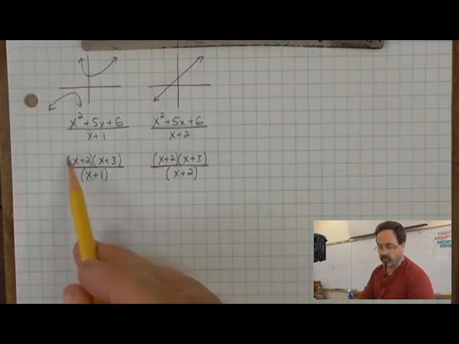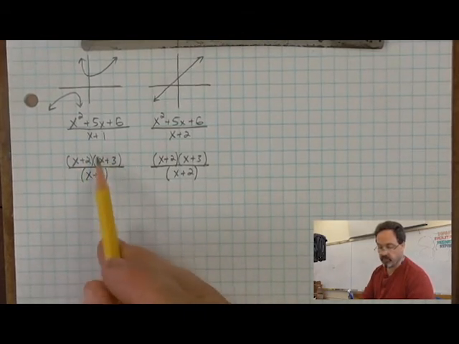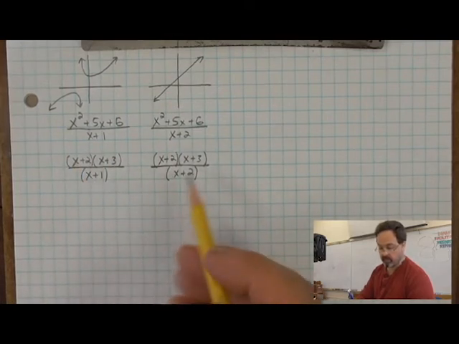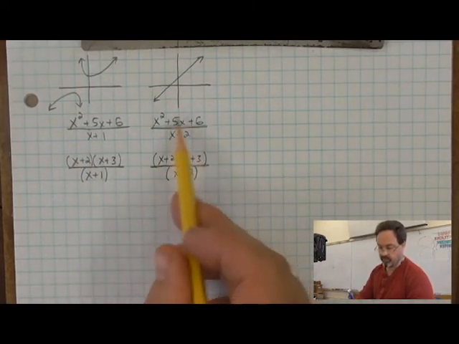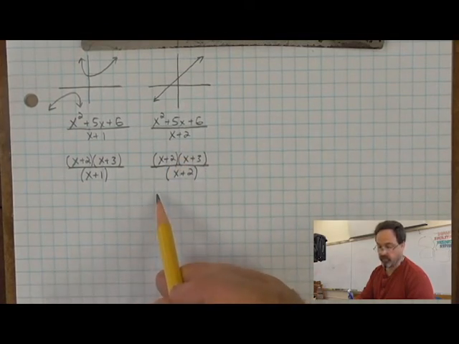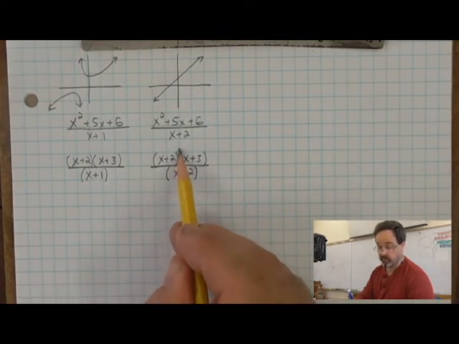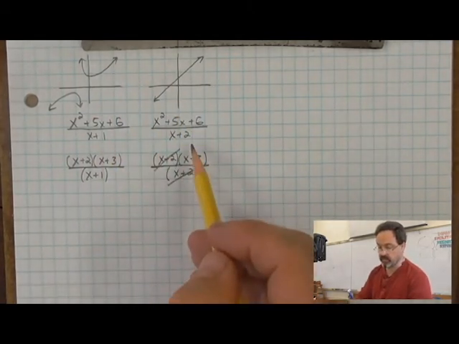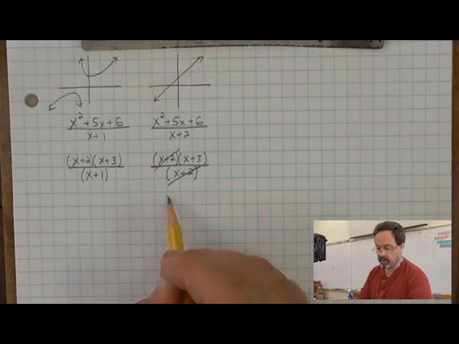In this first function here, I have three factors, and they're all different. However, in this function, two of the factors, one in the numerator and denominator, are equal. They're the same factors, and they can be canceled out. In this second function here, it is equivalent to x plus 3.